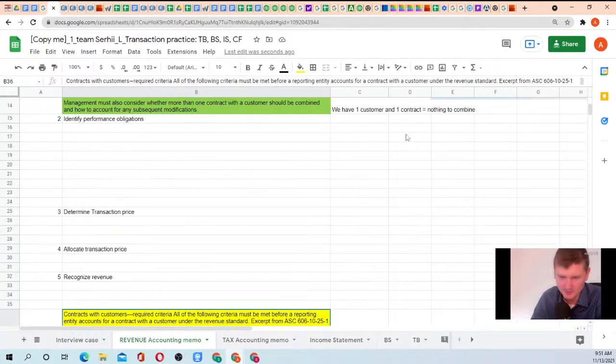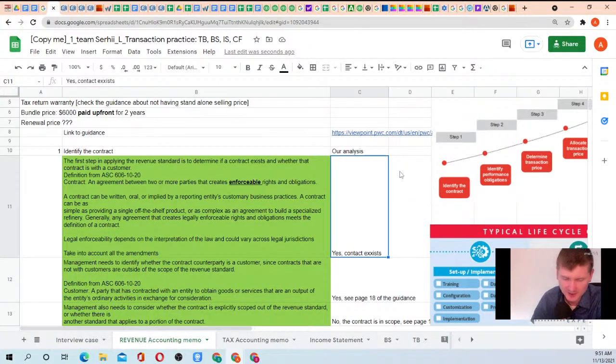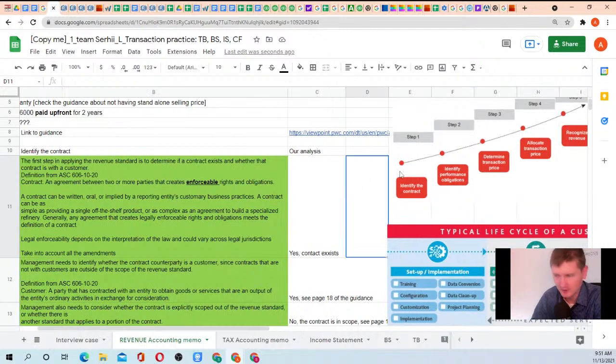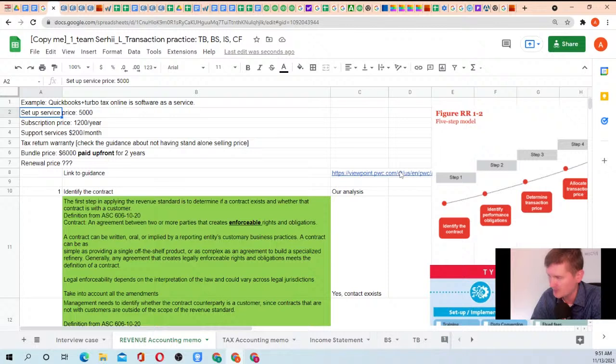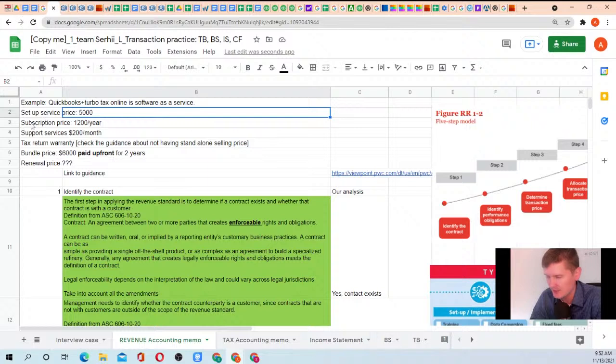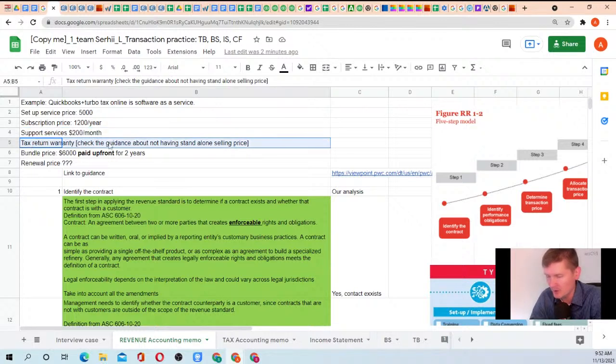Then performance obligations. We actually have quite a few performance obligations. Performance obligations are something that we promise in our contract to do, and these promises should be separate promises. Like we promise a setup service, we provide a subscription for the service, we provide support services, we provide some tax return warranty if our software is used for tax returns.